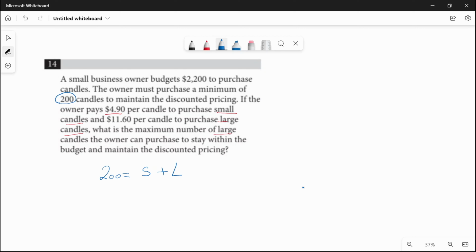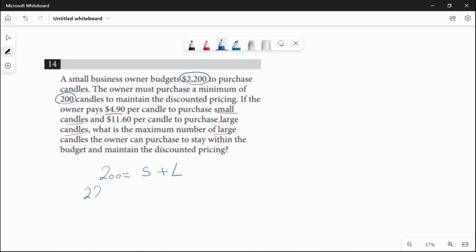Now the other equation will relate the price of the total small candles and the total large candles to the total budget of the owner of the small business, which is $2,200.